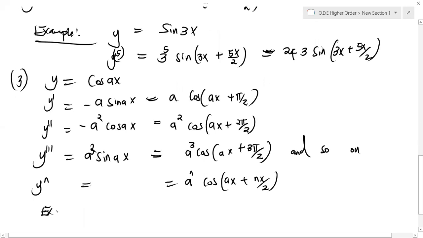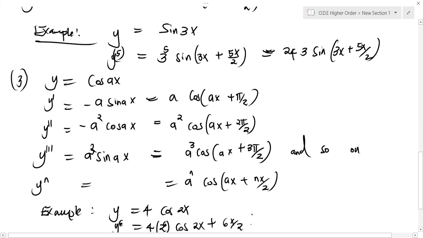So example, given y is equal to 4 cos 2x, then we can be able to evaluate y raised to power 6, which will be 4 into what's our a? Our a is 2, so 2 raised to power 6, and then we have cos of ax, so 2x plus n pi over 2, our n is 6, 6 pi over 2.